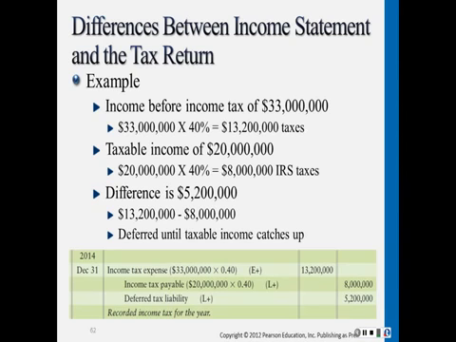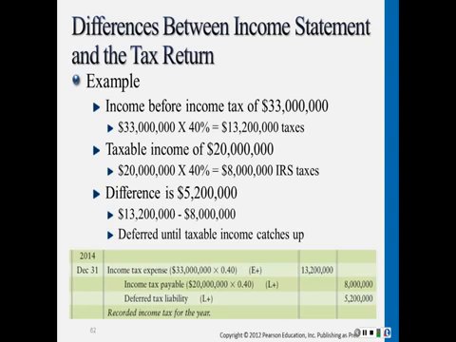The difference between income tax expense and income tax payable is the deferred tax liability of $5,200,000. It is a liability because income tax expense, which is the amount of expense incurred in 2014, is greater than income tax payable, the amount it has to pay to the IRS when it files its 2014 return.